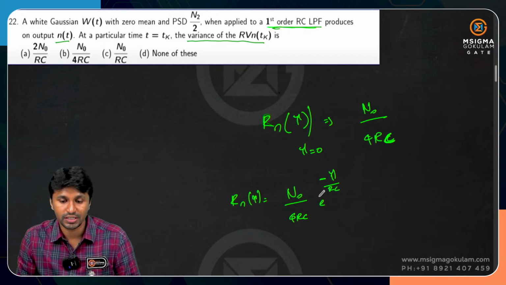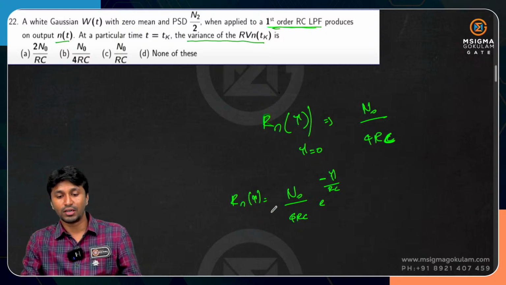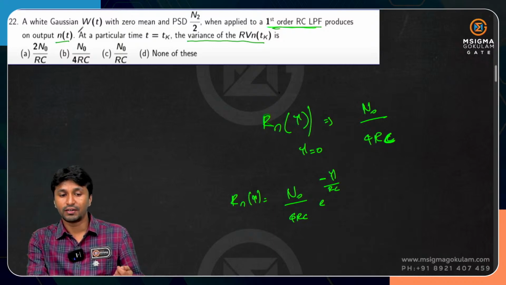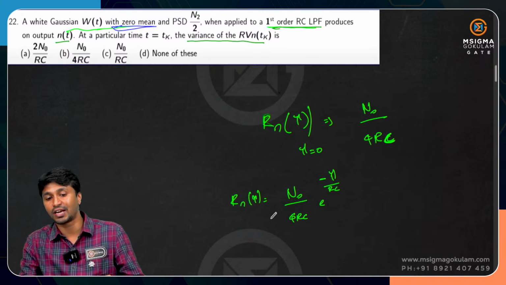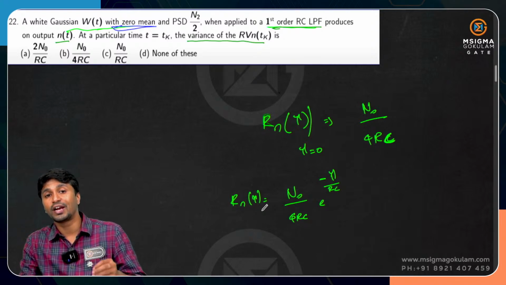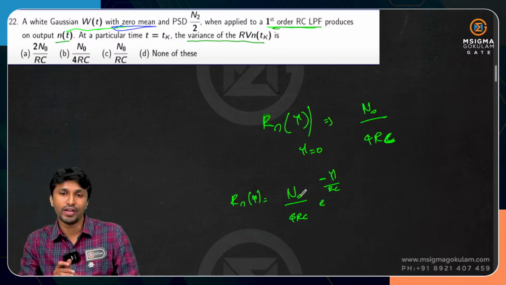From the autocorrelation function, how do you calculate the variance? The mean of the white Gaussian noise is 0, which we have already derived in class. Substitute tau equal to 0 into this equation. So n naught by 4 RC is the variance.